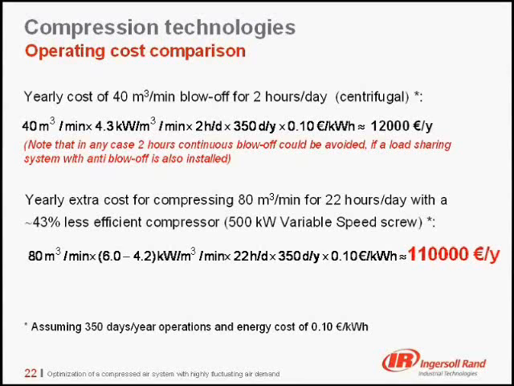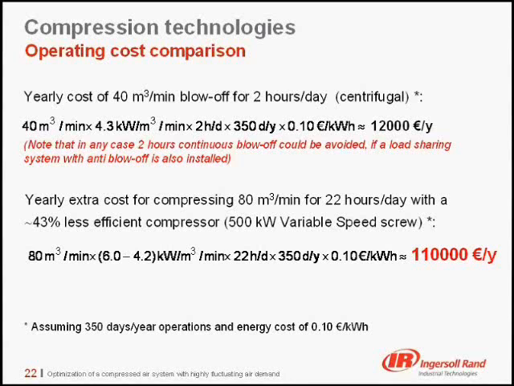So, to avoid wasting 12,000 euro per year having some blow-off in the morning, the customer would have spent 110,000 euro per year more by using a compressor which was 43% less efficient than another one.